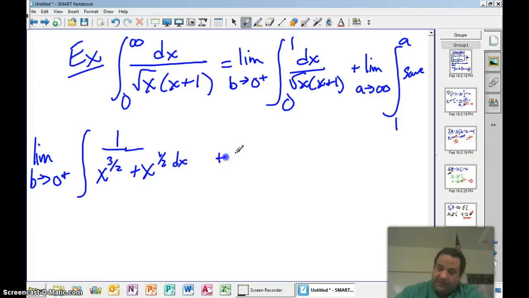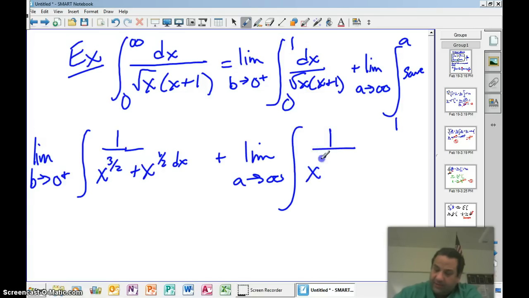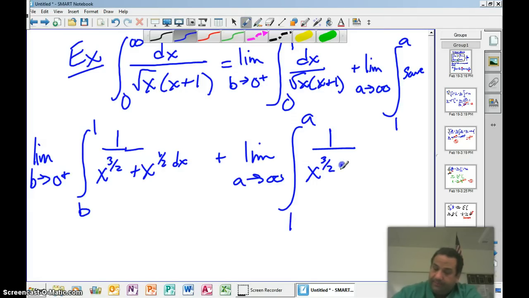And then plus the limit as a goes to infinity of, same thing, 1 over x 3/2. Oh, I didn't put my limits here. This is b, and this is 1, and this is a, and this is 1. My bad. It's kind of the whole point. All right. X to the 1/2 power dx.